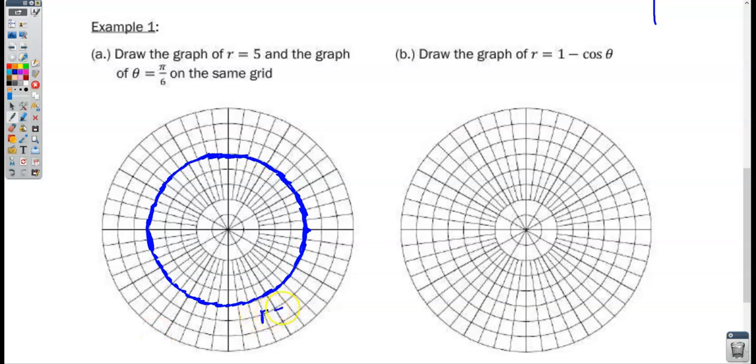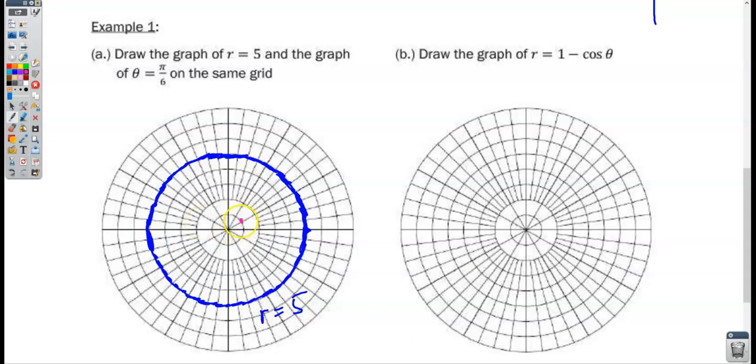And then the other possible special kind of graph is when we have theta equals some value. So theta equals pi over 6 represents all the points where the angle theta is pi over 6.